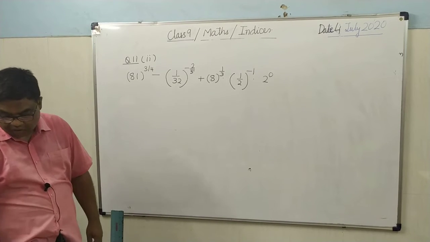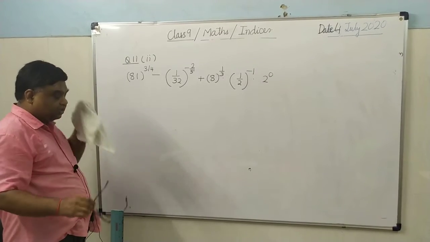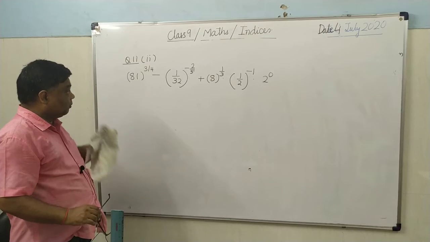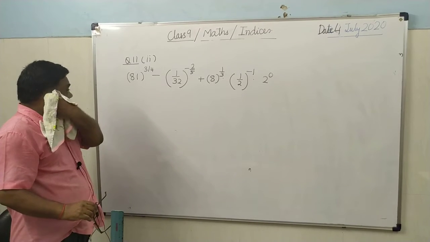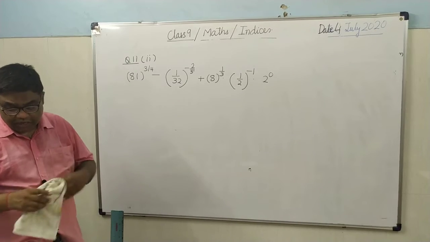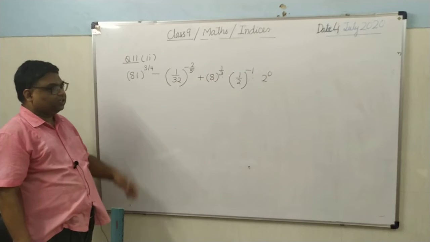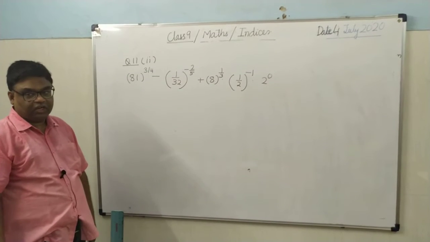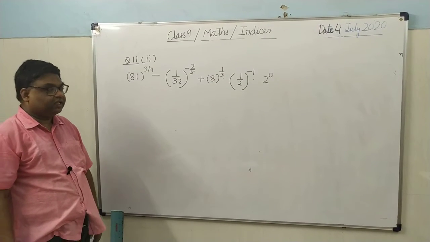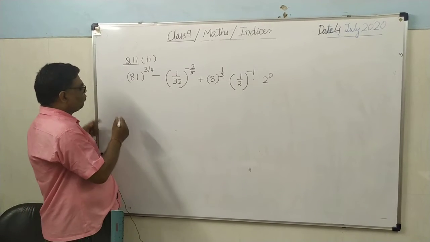So first of all, what will you do? You will write every term in the power form. In the power form. It's clear? And try to write in the power of prime numbers. Power of prime numbers. So as you know that 81, you already know it is 3 to the power 4. 9 nines are 81. 9 into 9, 9 is 3 square, so it is 3 to the power 4.